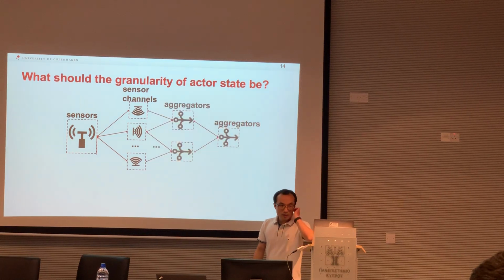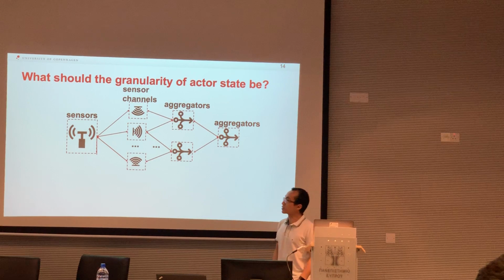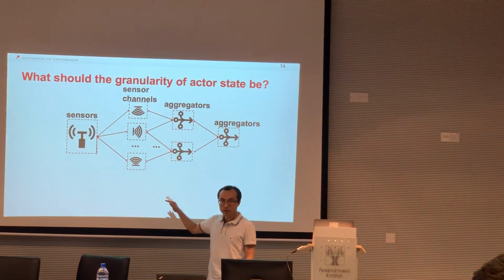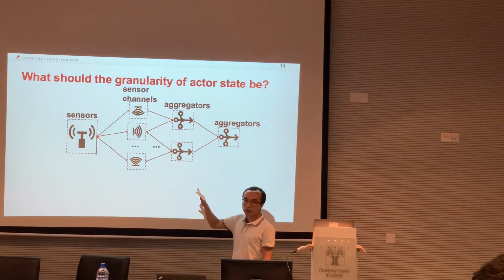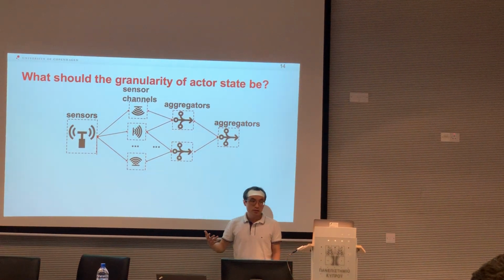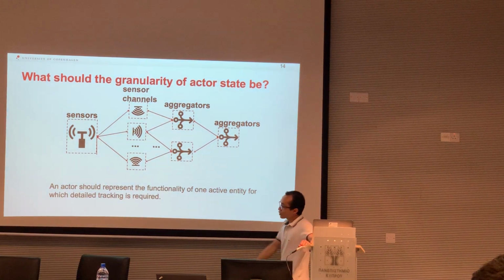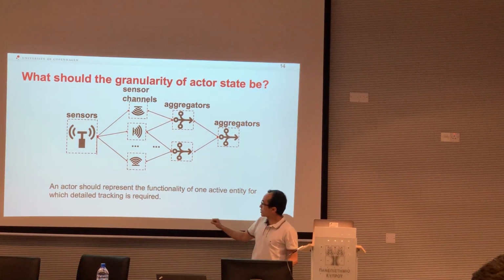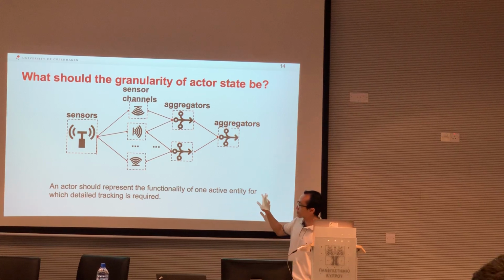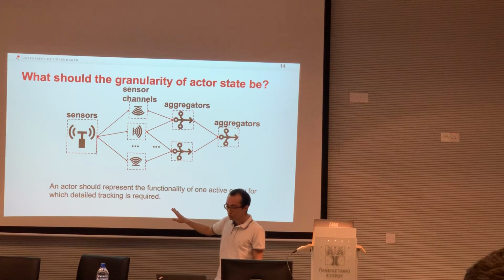Our finding is that when we design the granularity of actors, it's useful to look at what the tasks are, what services they provide. The basic idea is that each actor should represent a functionality of one active entity for which detailed tracking is required.